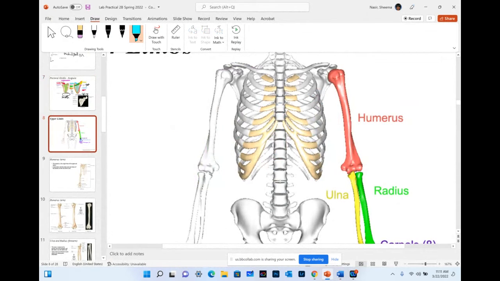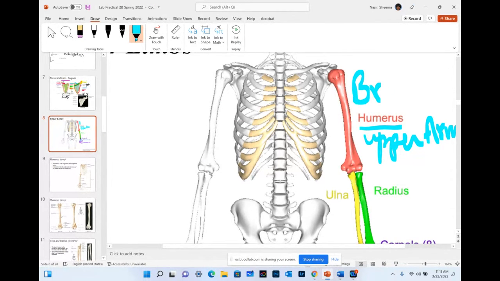Now humerus. Humerus is the bone of upper arm. Upper arm is also called brachium. Brachium is your upper arm and humerus makes your upper arm. One end of humerus makes the elbow, the other end of the humerus, which is the top end, makes your axilla, right? So axilla at one end, elbow at the other.